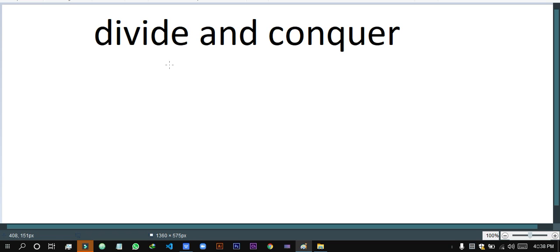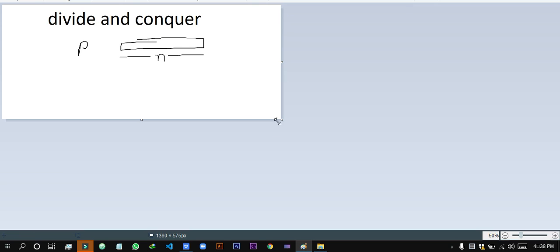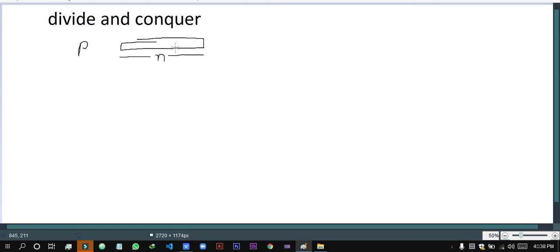Suppose I have a problem P1 whose length is n. I'll divide this array or problem into two sub problems, and their length would be n over 2.